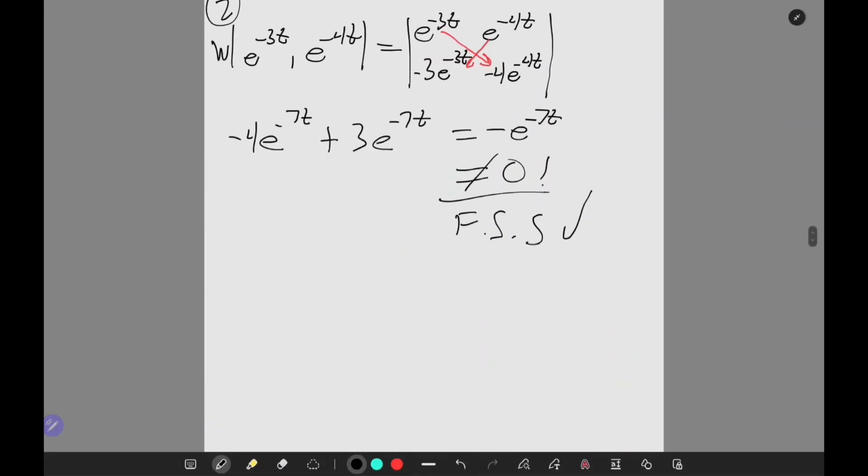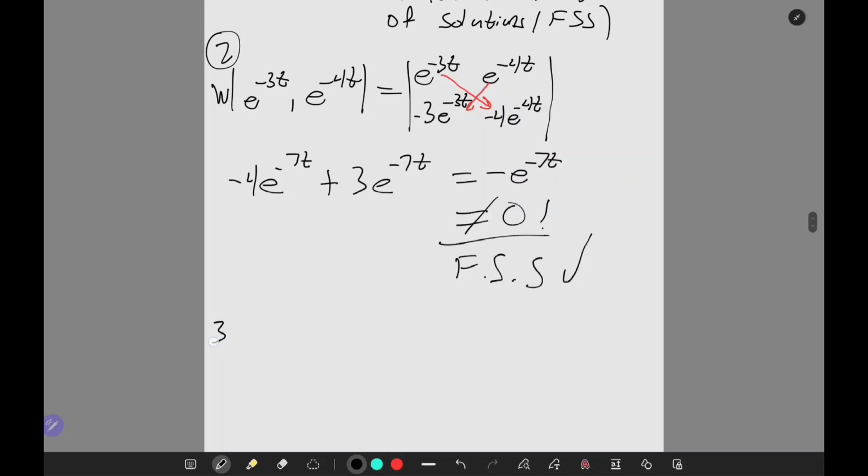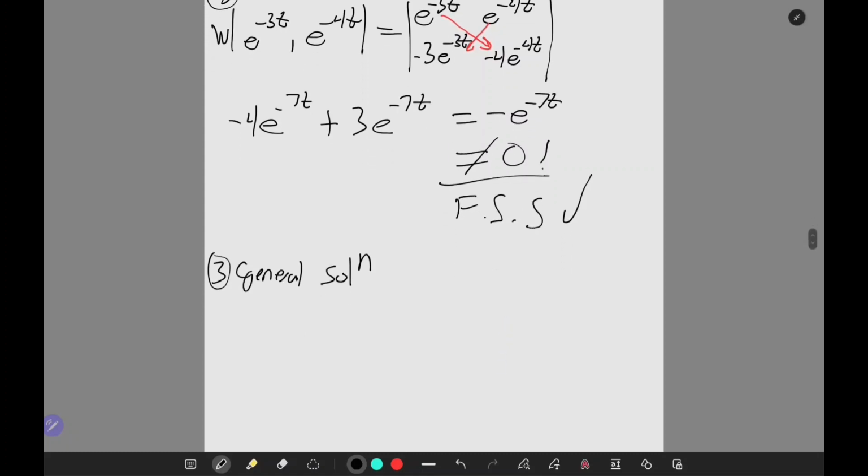So now step 3, we're going to write the general solution. Now that we've verified it's a fundamental set of solutions, we can go ahead and write out our general solution. Now this is just like the last video.